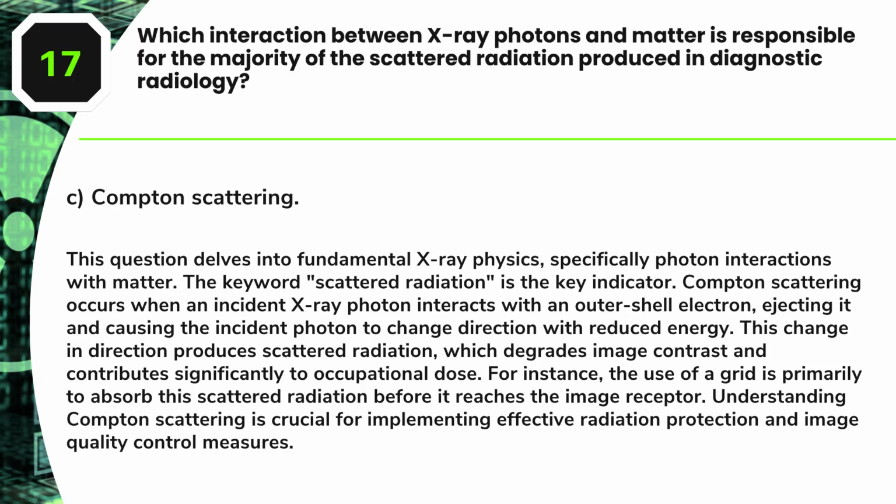This change in direction produces scattered radiation, which degrades image contrast and contributes significantly to occupational dose. For instance, the use of a grid is primarily to absorb this scattered radiation before it reaches the image receptor. Understanding Compton scattering is crucial for implementing effective radiation protection and image quality control measures.